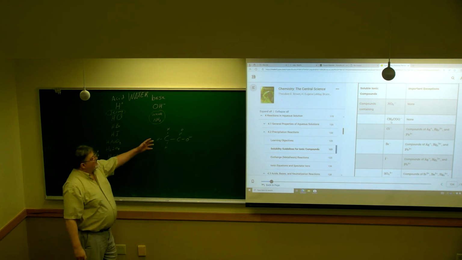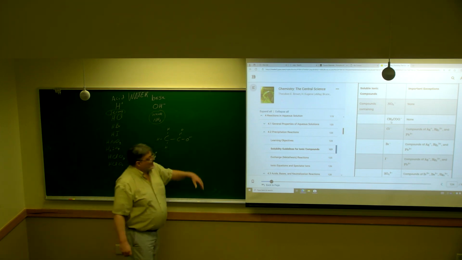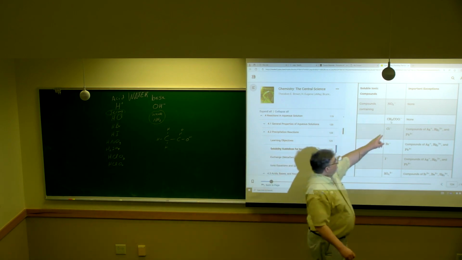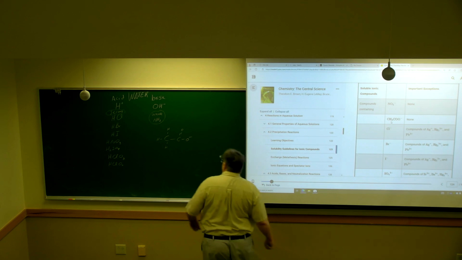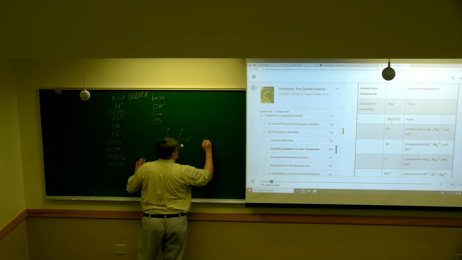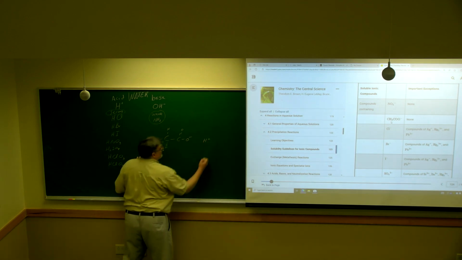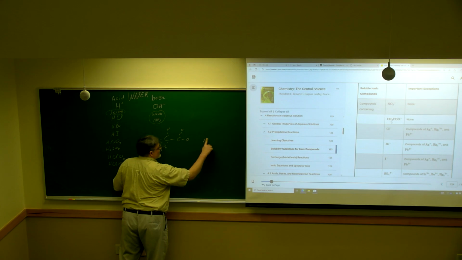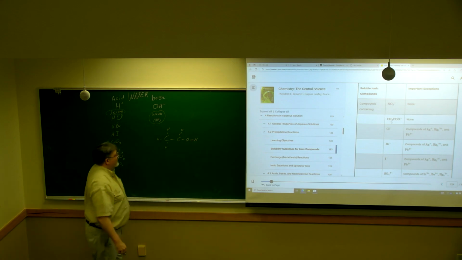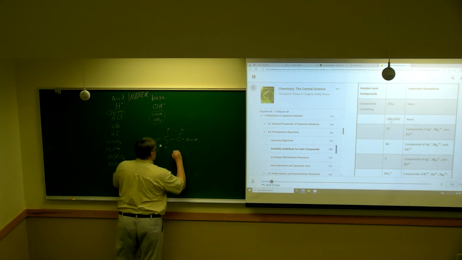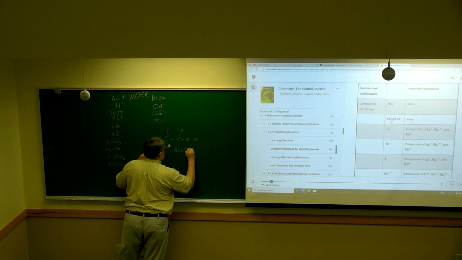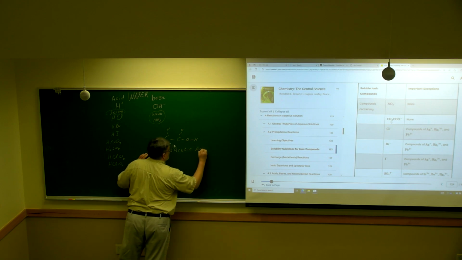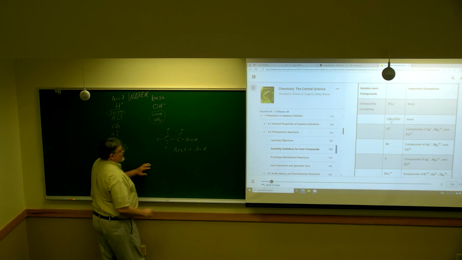So that's CH3COO negative. If I had an H plus, I could stick it on right here, and that would make this neutral. The positive and negative sort of cancel each other. Okay, that's acetic acid. That is an acid.